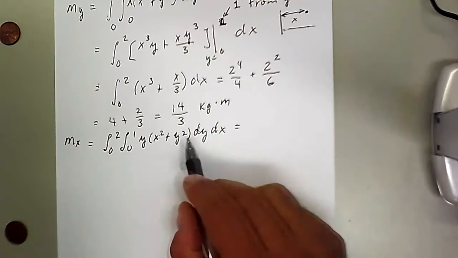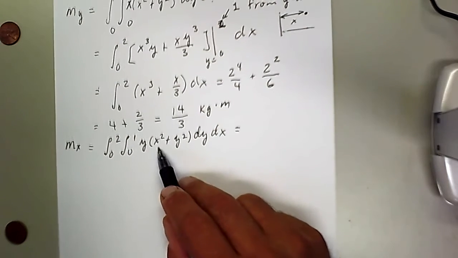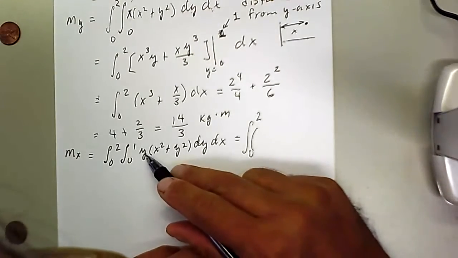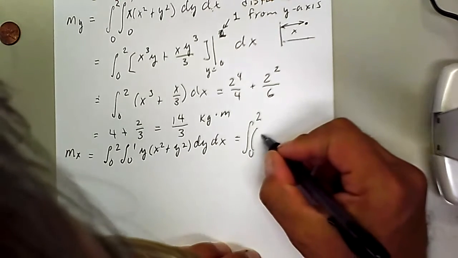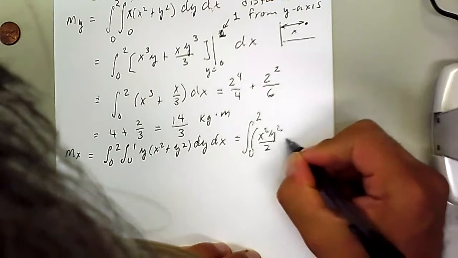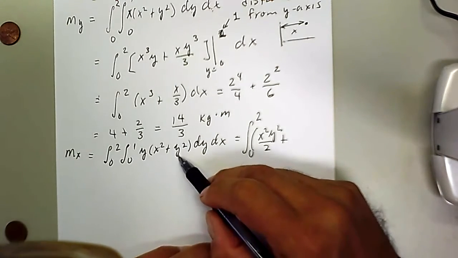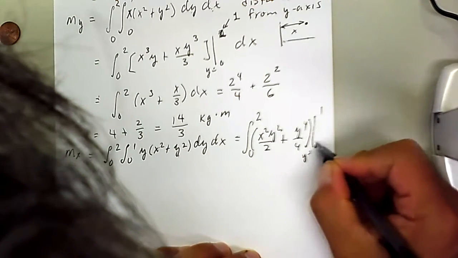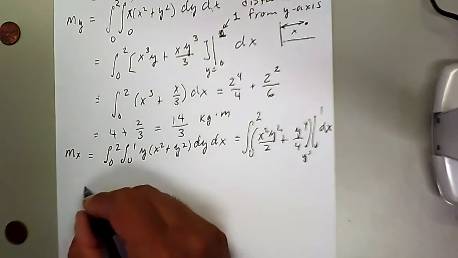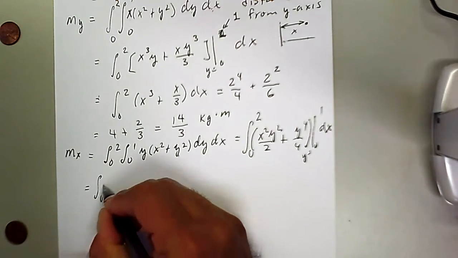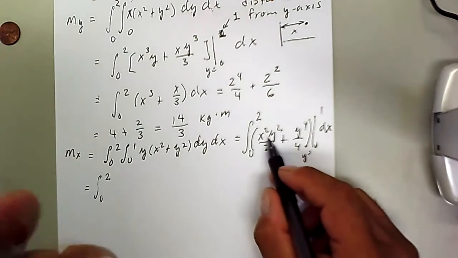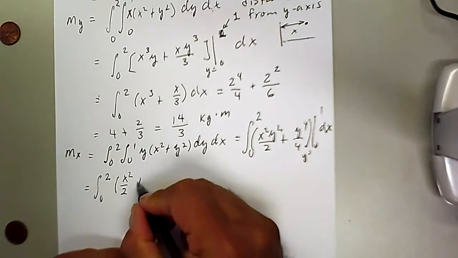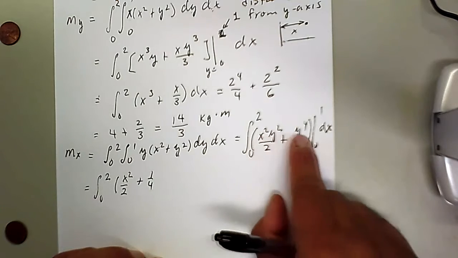So we're integrating with respect to y. Y times x squared is going to give us an integral from 0 to 2 of x squared y squared over 2, plus y cubed, which we integrate to y to the 4 over 4, from 0 to 1 on the y's, dx. So we still have the integral from 0 to 2. 1 gives us x squared over 2. 1 gives us a fourth. 0 gives us 0 and 0.